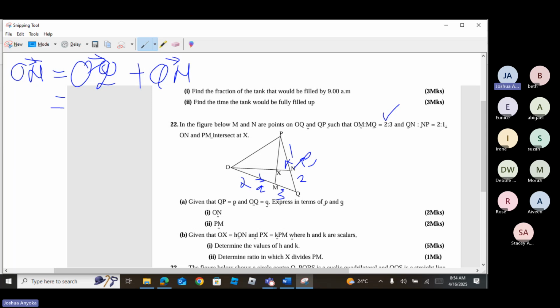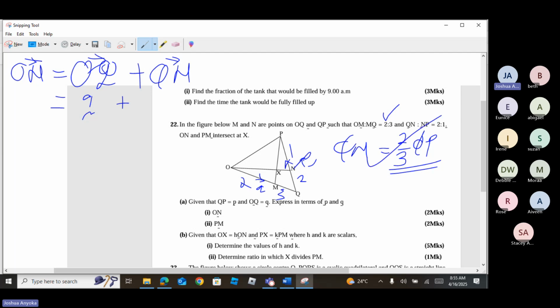Then substitute the vectors we know. We know OQ is vector Q, and vector QN is a fraction of QP. So it is 2/3 QP. How do you arrive at this?